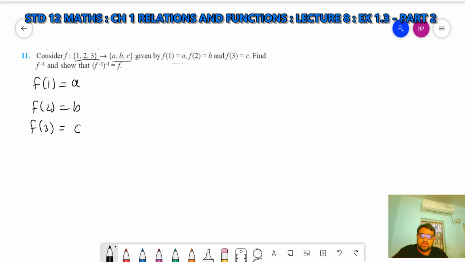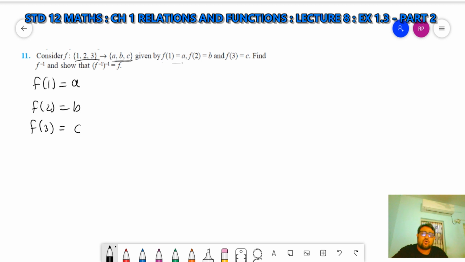Equal to c. Okay, so clearly you can say it is one-one because 1 is having a different value, 2 is having a different value, 3 is having a different value. So it is one-one. Okay, and also all the elements of the codomain a, b, c are having pre-images like 1, 2, and 3. Therefore, it is one-one and onto, and hence it is invertible.